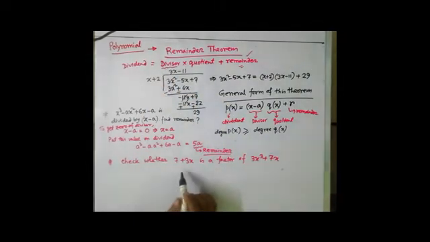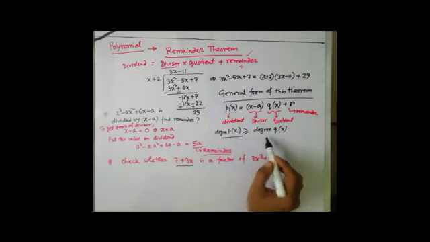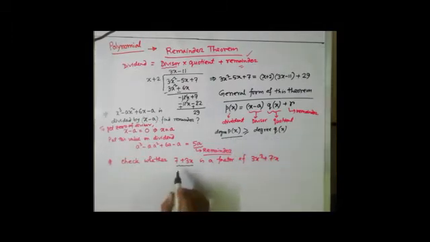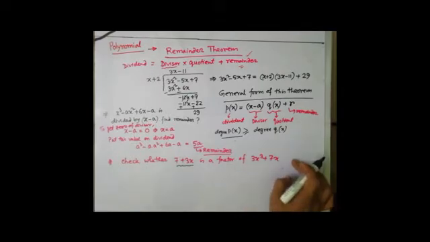Here the x degree is 1, and there the x degree is 3, so the dividend degree must be greater than the divisor degree. If you put the zero value of the divisor into the dividend, and it also gives you 0, that means there is no remainder, isn't it?